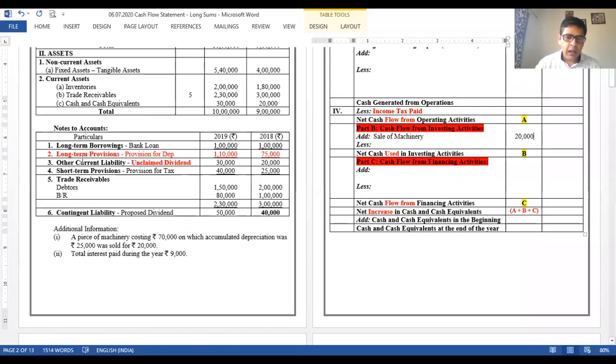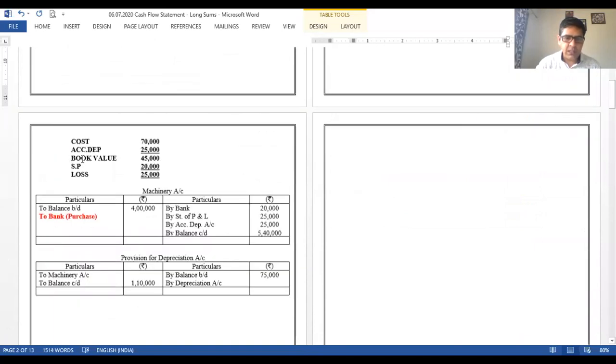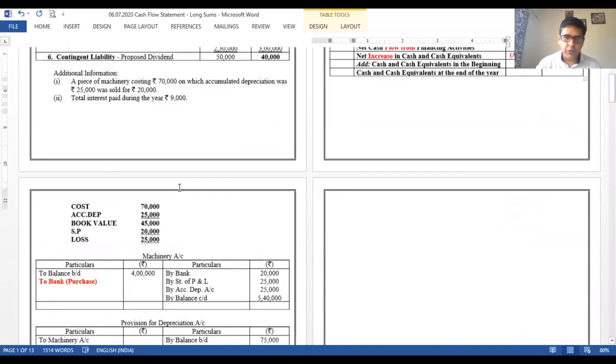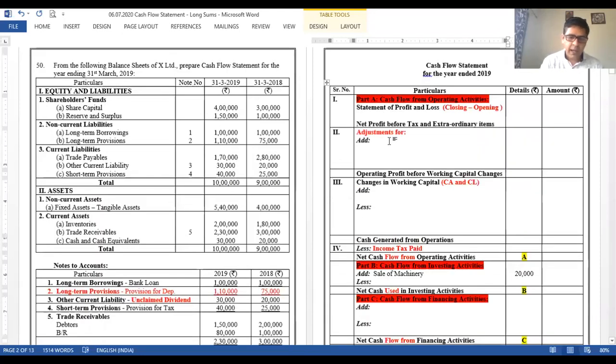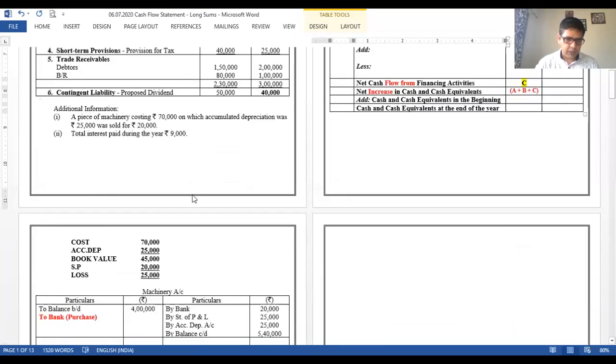Okay. After that, next is statement of P&L, the amount of loss. We all know that the amount of loss has to go to adjustment and add over there loss on sale of machinery, right? Loss on sale of machinery amounts to rupees 25,000. Correct? Loss was 25.